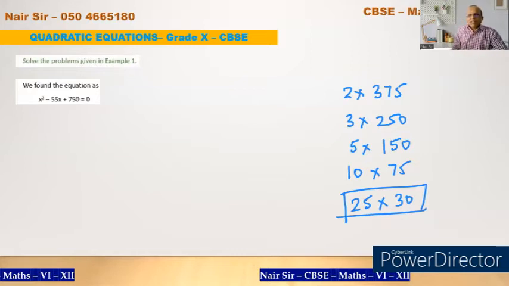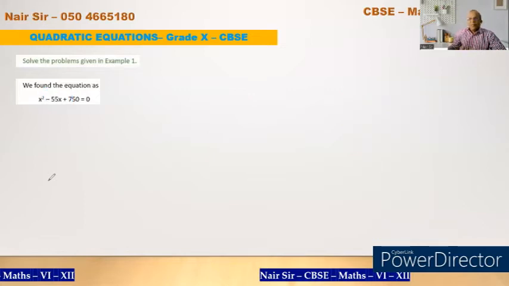Now, sign. What is the sign over here? It is minus 55. So the two numbers I will get are minus 25 and minus 30. Now I just substitute and get the answer. Let's see.